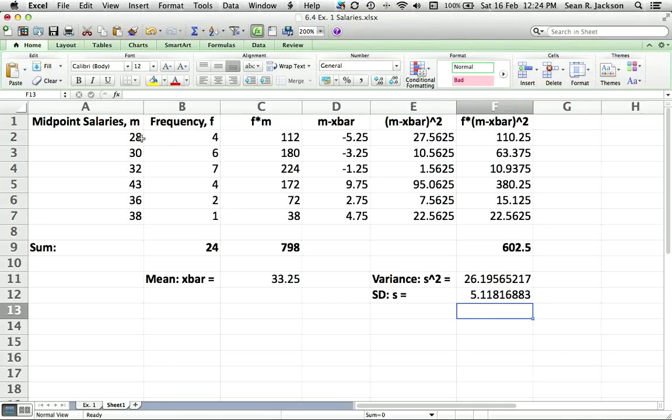We should say that the spread of these midpoint salaries, the average deviation of these salaries is about $5,000. Really, it's about $5,100. Now, if we had a couple salaries in there, say perhaps a CEO who's making $90,000, $100,000, $200,000, of course, this standard deviation would go way up because now we have outliers and a much larger spread.